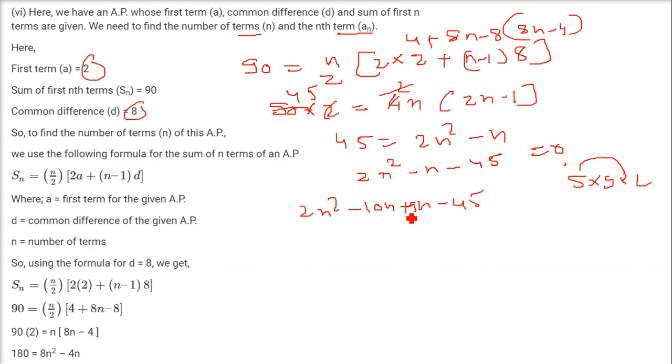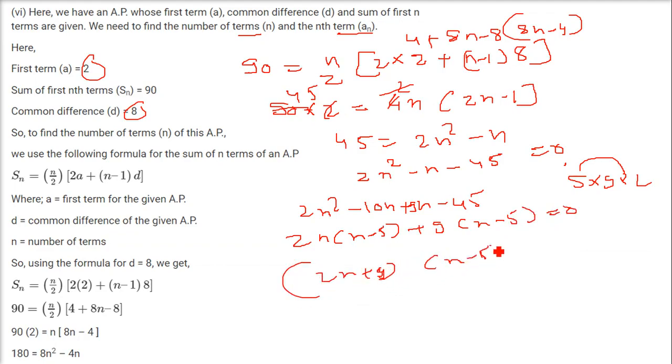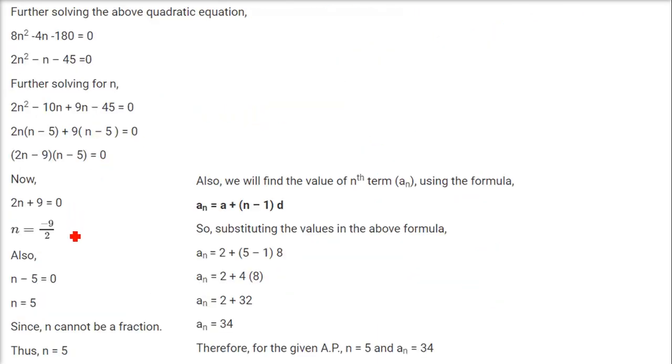So what you can do here is take 2n common: n minus 5, and here you can take 9 common: n minus 5 equal to 0. So 2n plus 9 is one factor, and n minus 5 is another factor. This will give you n equal to minus 9 by 2. We cannot take this because n has to be an integer and positive. So n equal to 5 is the result.